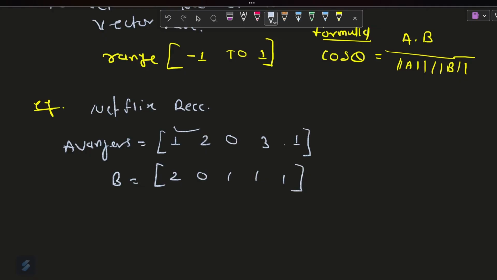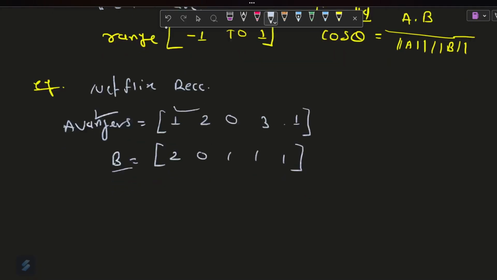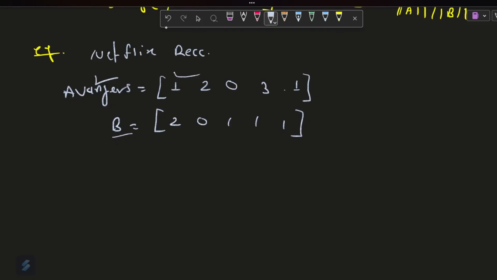We have a movie that's being watched, Avengers, and Netflix decides whether to recommend the other or not. So we have to find out whether they recommend or not. First, understand the range: minus one means they do not recommend, and one means a pure recommendation. They will definitely recommend when we get one.